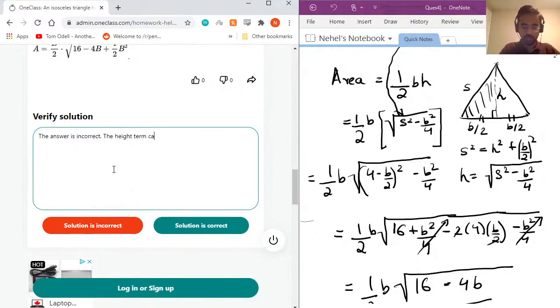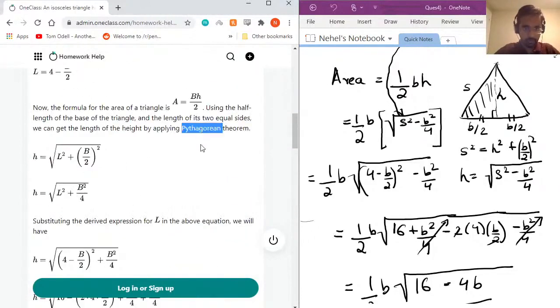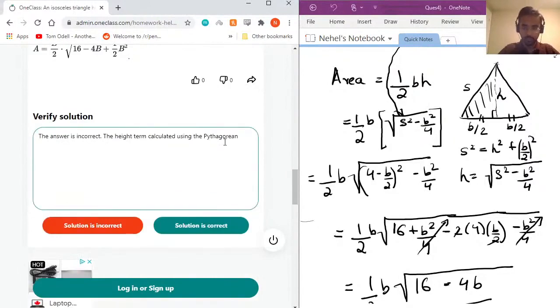The height term calculated using the Pythagoras theorem should have been square root of L squared minus (B over 2) squared, instead of plus.